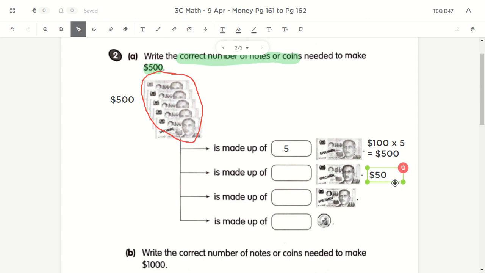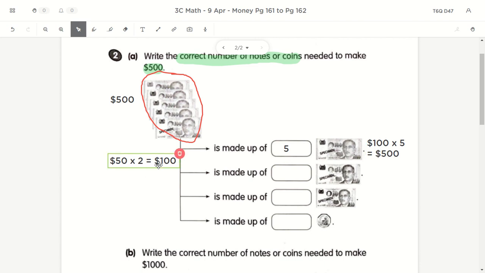Alright, so what you need to do is you need to understand how many $50 make $100. Just now we tried in question 1A. We know that we need two $50 to make $100. All right, let me just make it bigger so you can see. Maybe I'll write it over here, it's easier to see. So just now from 1A we know that two $50 notes will give you $100, and over here I know 5 $100 notes will give you 500.